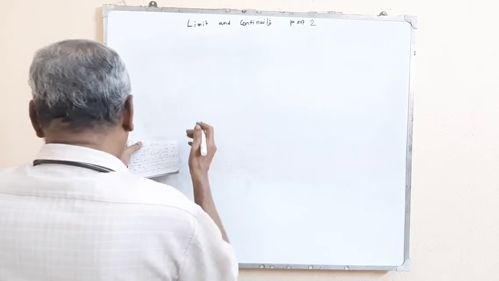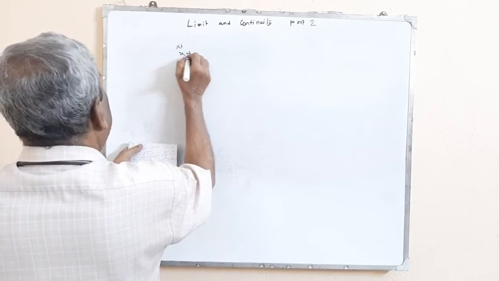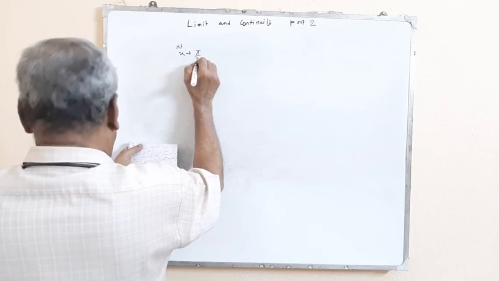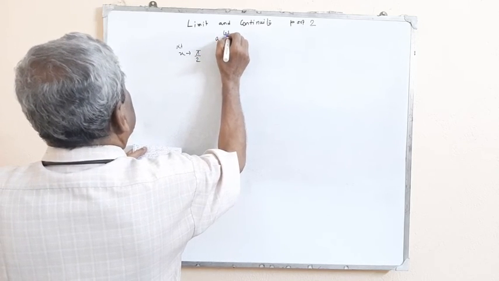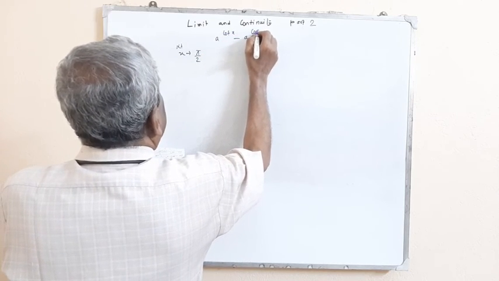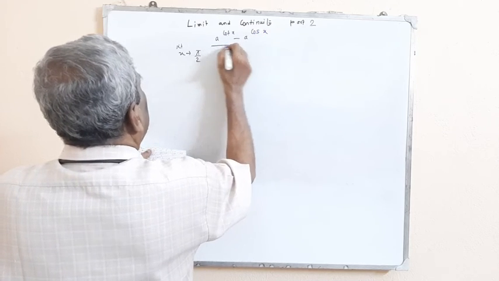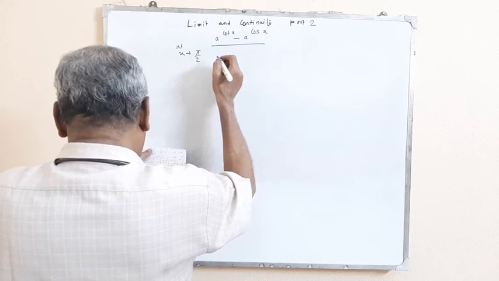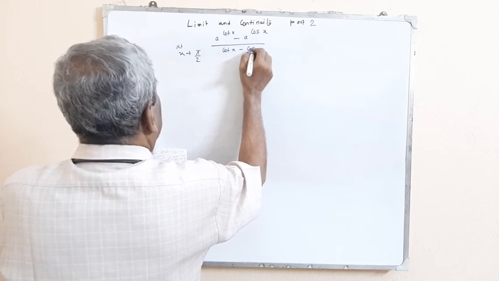Next problem. Limit x tending to pi by 2, a to the power cot x minus a to the power cos x, divided by cot x minus cos x.